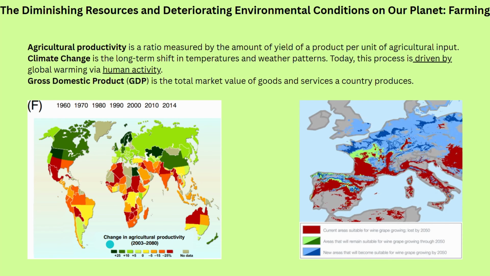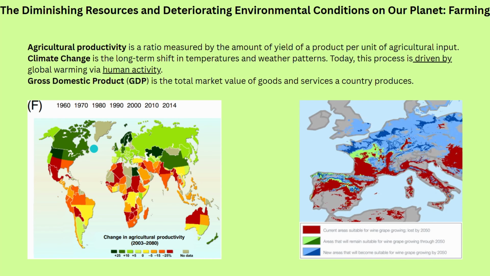Areas right here, between the Tropic of Cancer and the Tropic of Capricorn, are going to become less productive. In the areas outside of that, so down here in the southern part of South America and Australia, New Zealand here, and then northern parts of Central and North Asia, basically all of Europe, and the northern parts of North America, are we going to become more productive?